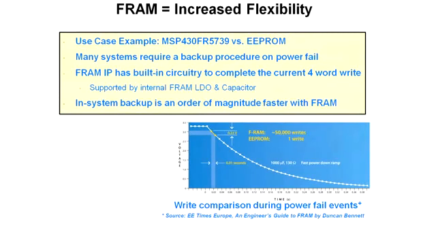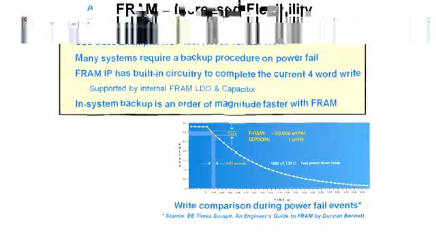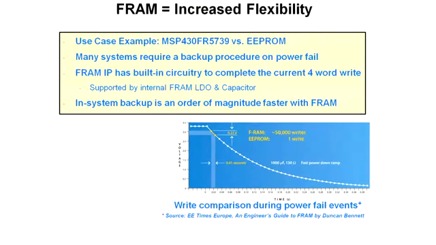The FRAM has increased flexibility. One thing that a lot of designers don't take into account is if you're doing in-system writes of flash or double EEPROM, for example, you have to implement some kind of backup procedure on power fail. Storage capacitor outside the device so that you would be able to write the last few writes while you're understanding that you've lost power.